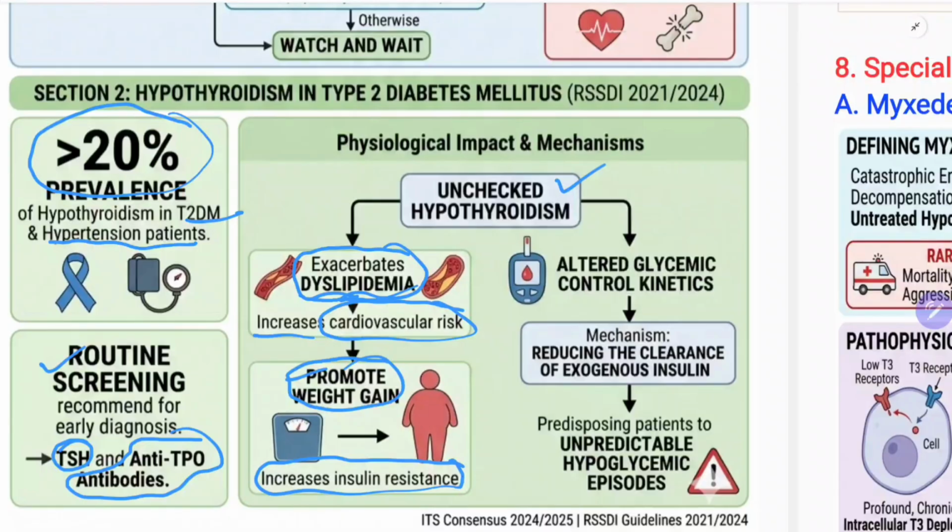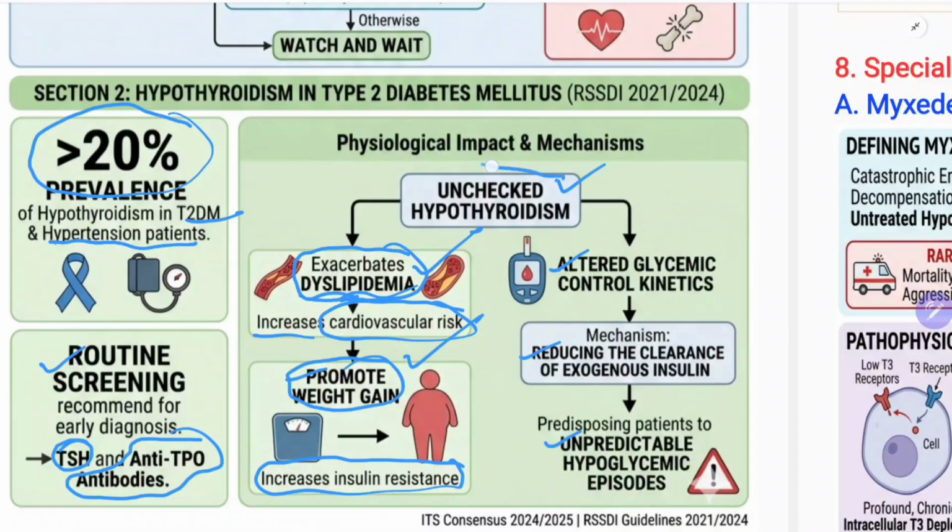There will also be altered glycemic control kinetics. How? By reducing the clearance of exogenous insulin, predisposing patients to unpredictable hypoglycemic episodes.